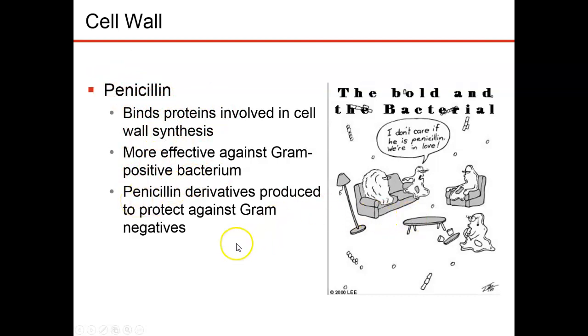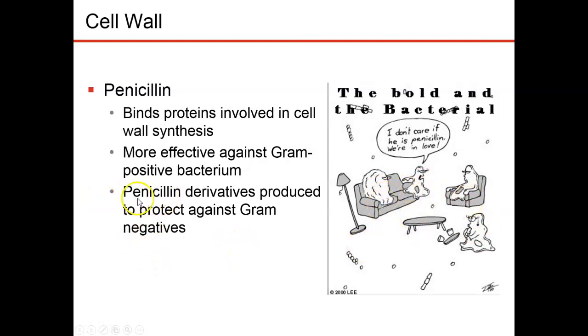And that's where this cute little cartoon comes into play, the penicillin and the bacterial cell. Here's a bacterial cell, here's penicillin, and they love each other. There's mom and dad freaking out because, well, he's penicillin, they can't be in love. Yeah, haha, kind of funny.